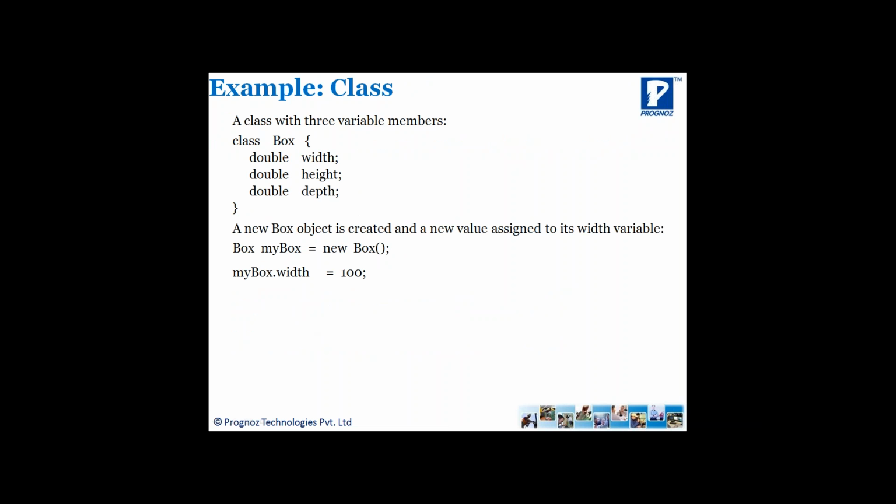Now the sample example for a box. These are all the instance variables of the class. Now a new box object is created and a new value is assigned to its variable. So how are we creating an object of the class? Box, a new box. This is the name of the class; you can see it matches here and here. But what is this? It is nothing but memory allocation happening over there.